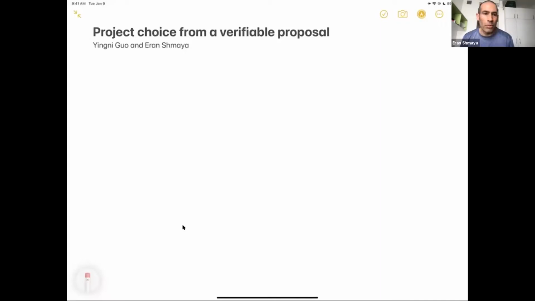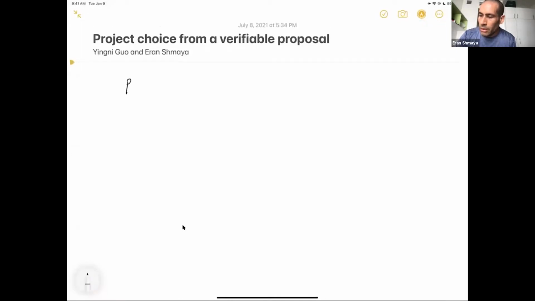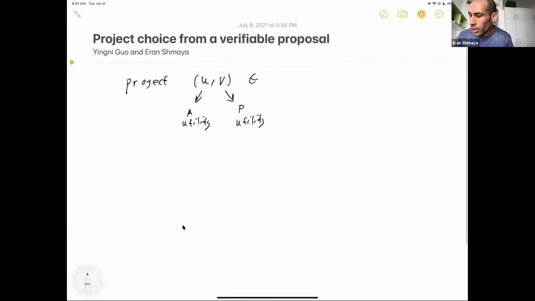Okay, so I'm going to jump into the model. A project is given by a pair (U, V). U is the utility for the agent, and V is the utility for the principal. The world of all potential projects, I will denote by D. And in this talk, I will assume that it's a rectangle with some lower boundary for the utility of the agent.